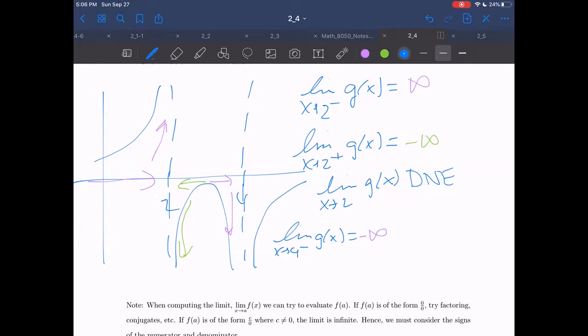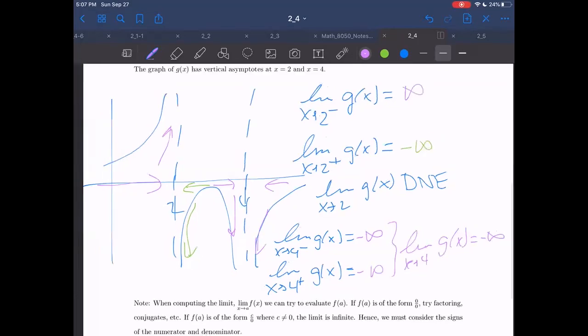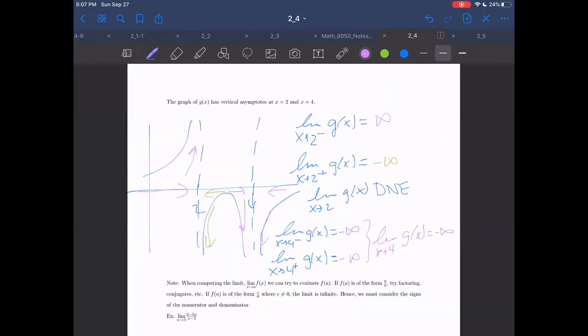And if we look at the limit as x approaches 4 from the right of g of x, our function's going down towards negative infinity again. So because they're equal, the limit as x approaches 4 of g of x is equal to negative infinity. So that behaves the same way.